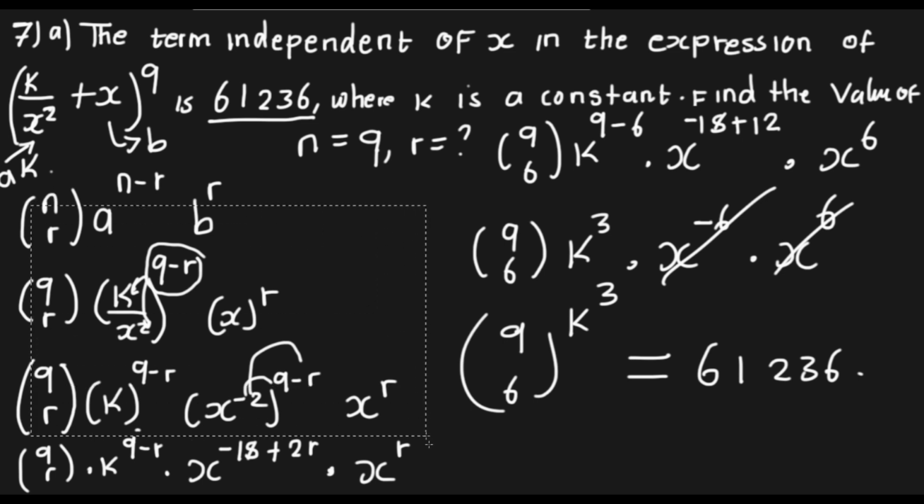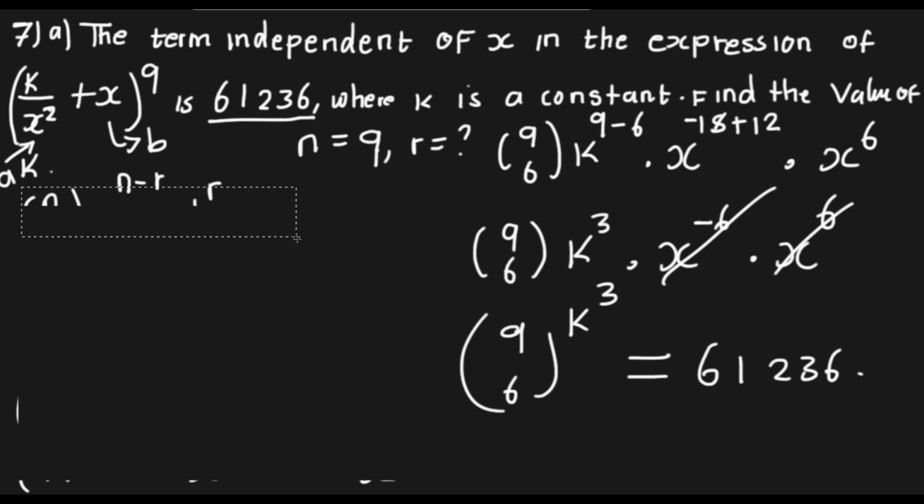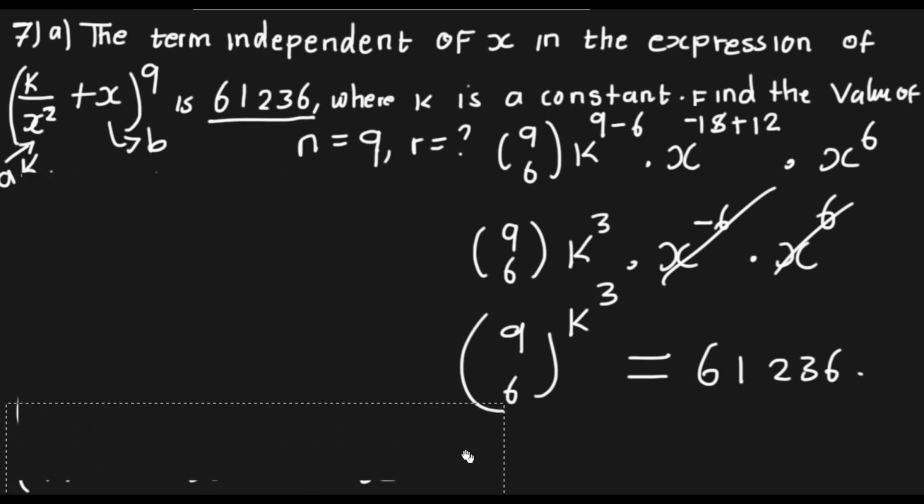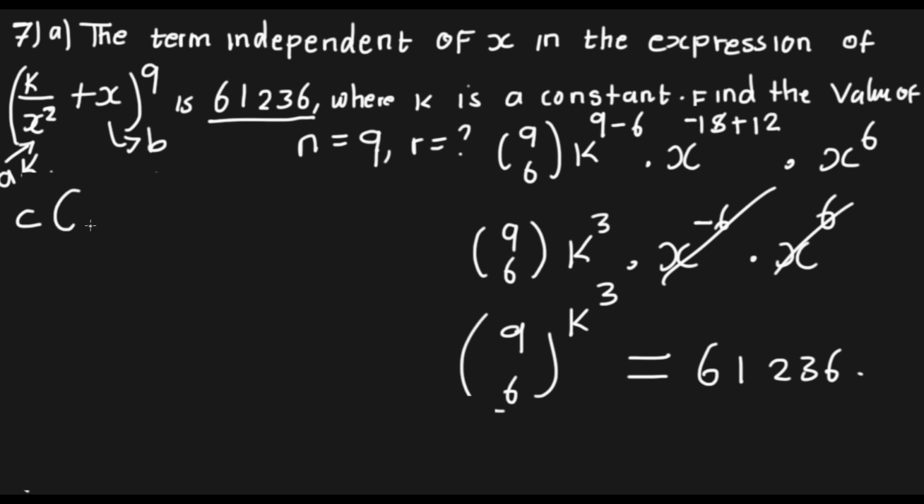So now let's create some space here. We need to find the value of 9 combined 6. So what is the formula for us to find this? C n r is equal to n factorial divided by n minus r factorial times r factorial.